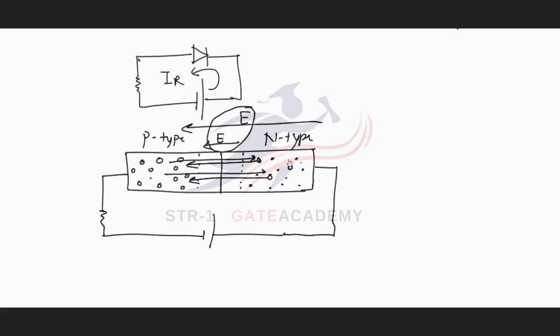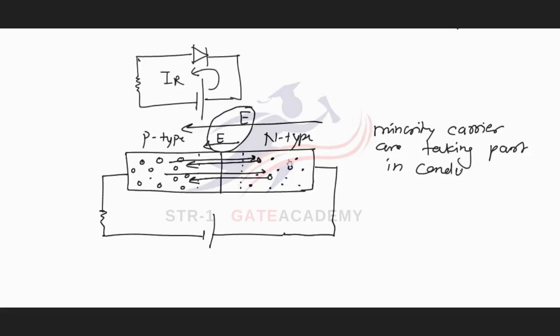As we can see, the charge carriers which are crossing the junction have a very low concentration, that is, minority charge carriers are taking part in conduction.